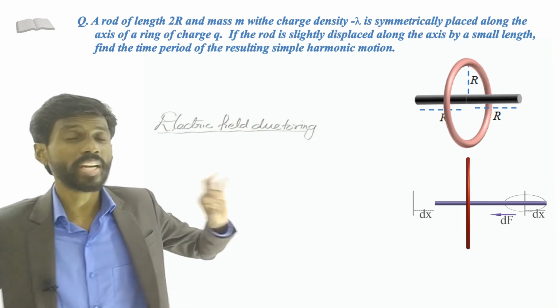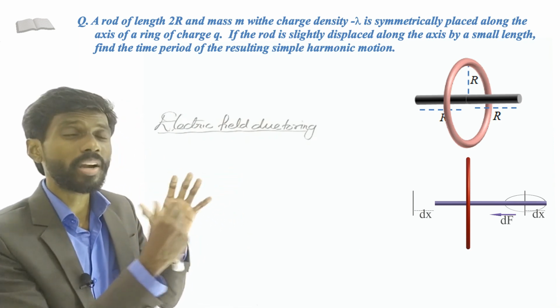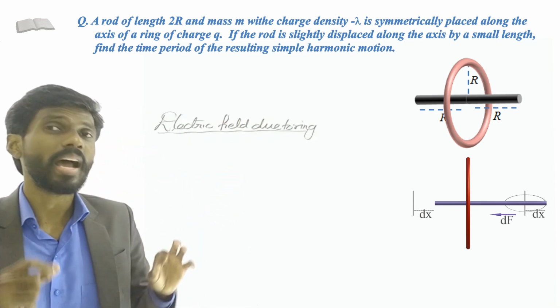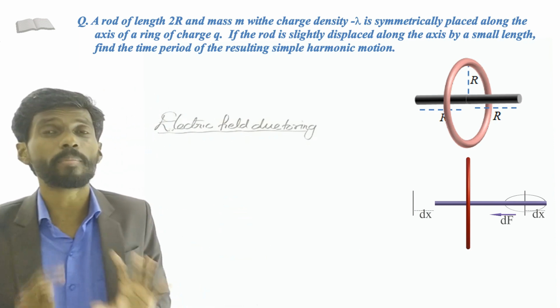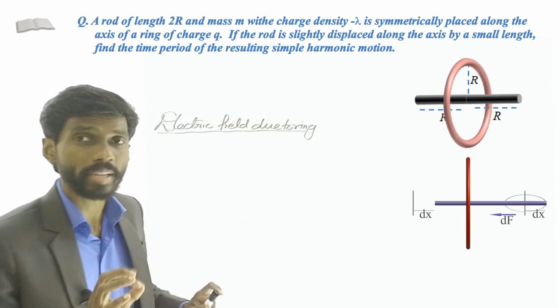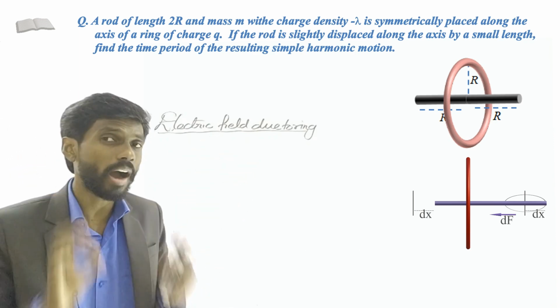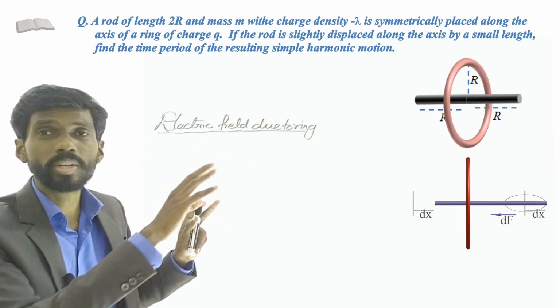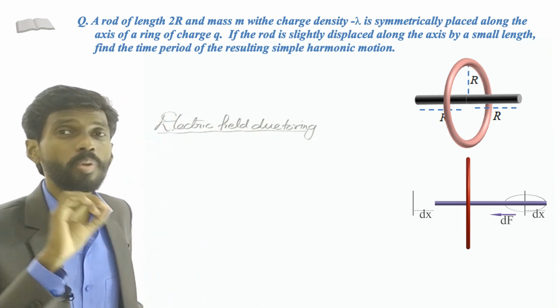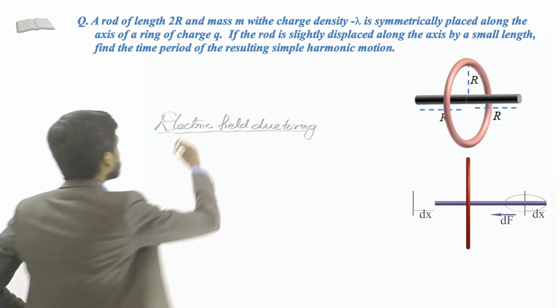See, this dx is very small compared to the length r, because it is a very small disturbance. So r plus dx can be approximately taken as r only. So the distance from the center to that portion of the rod is taken as r only instead of r plus dx. Is that okay?